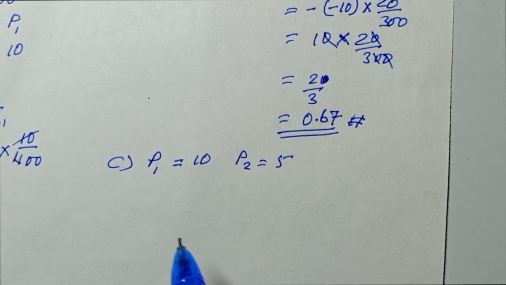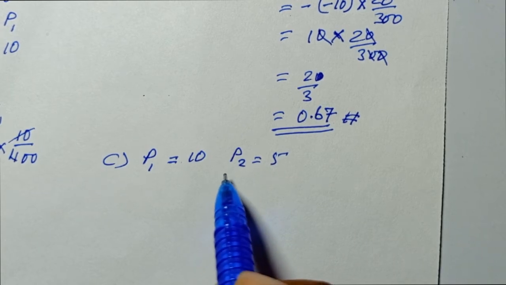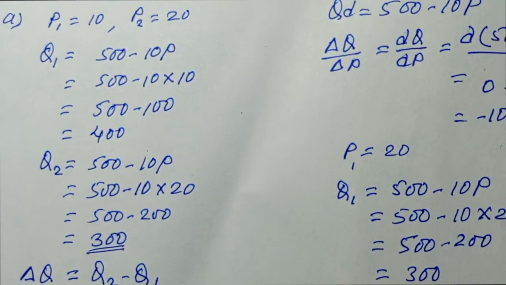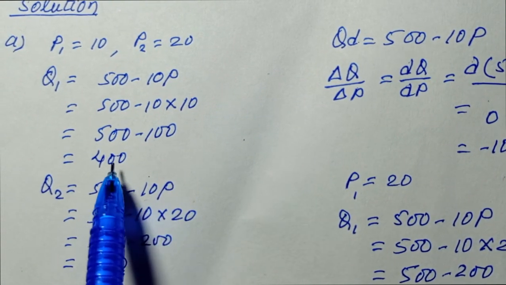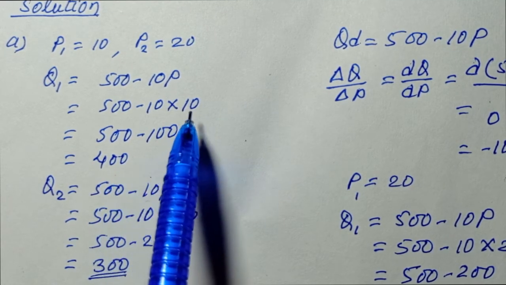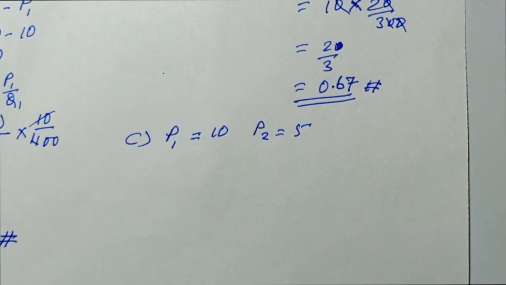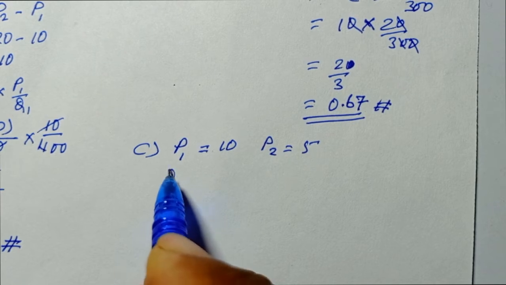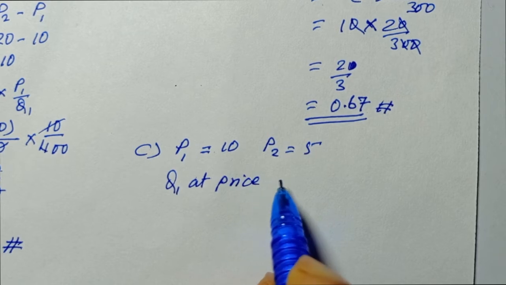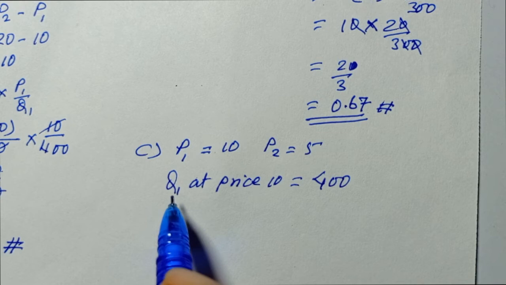And we have not found out a quantity here. At price 10, the quantity is equal to 400. We have already calculated it here. Just look at this quantity, 400. This is the quantity calculated when the price is equal to 10. That's why you can easily write here Q1 at price 10 is equal to 400.